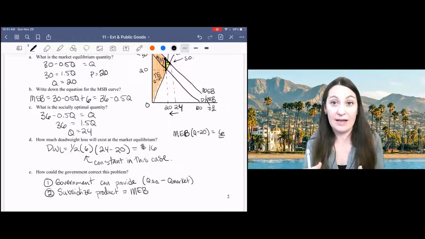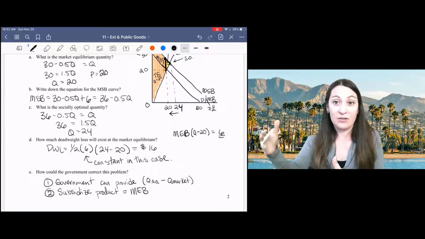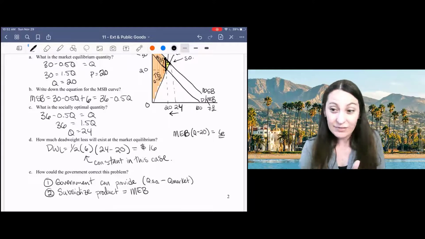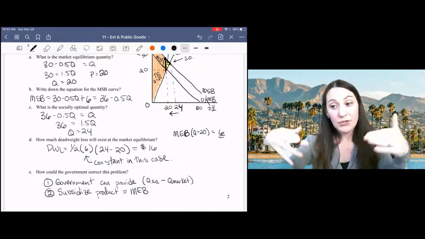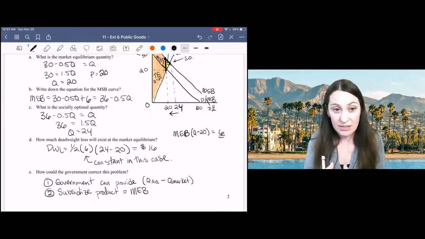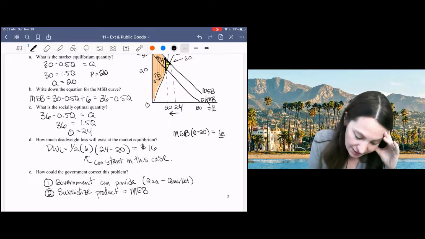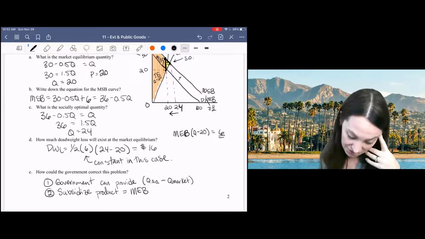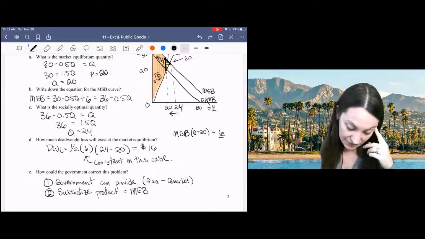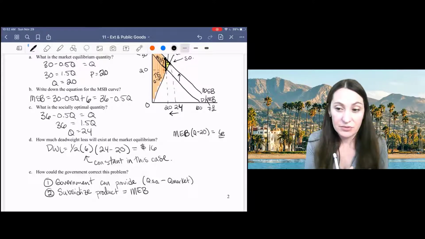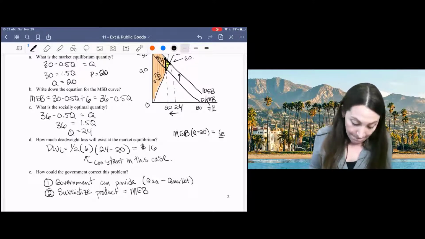The government is saying for every unit that we consume, there's an extra $6 in benefit. So we're going to take that $6 in benefit and give it to the consumer or the producer, and therefore internalize it to the market decision. And that would shift, say we gave it to the consumer, it would shift demand up to the marginal social benefit curve.